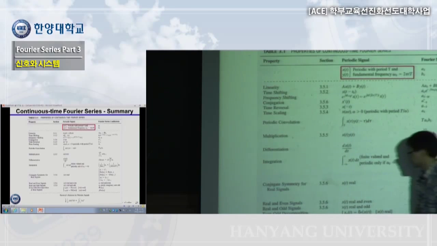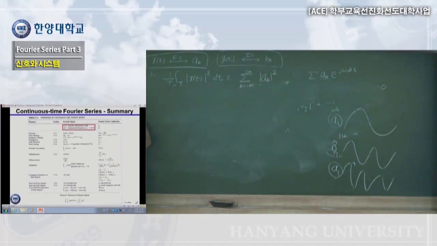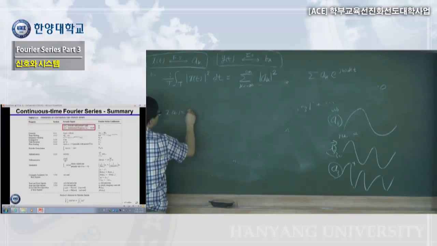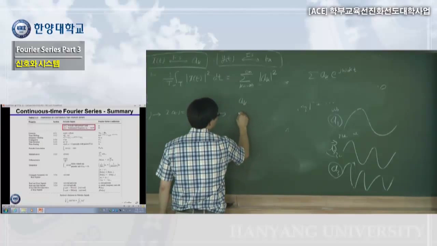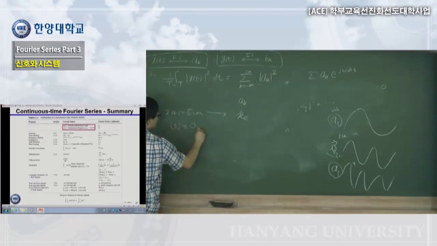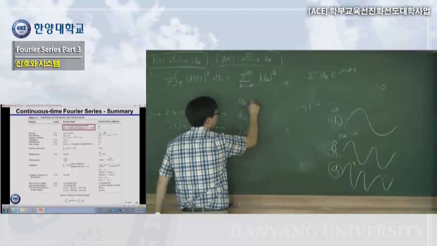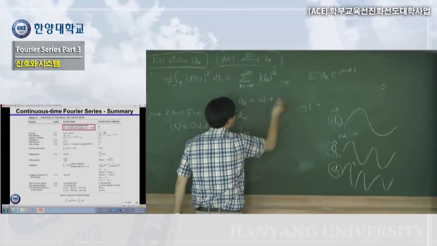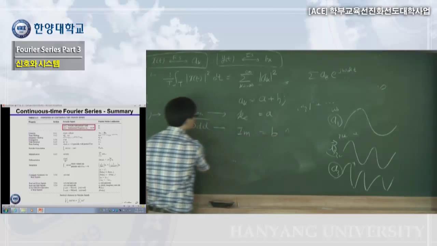Once again, assume x(t) is real. If x(t) is even, then in a_k it becomes a real part. If x(t) is odd, it goes to a purely imaginary part. Meaning that if a_k has the form A plus Bj, it becomes A if x is even, and B if x is odd.